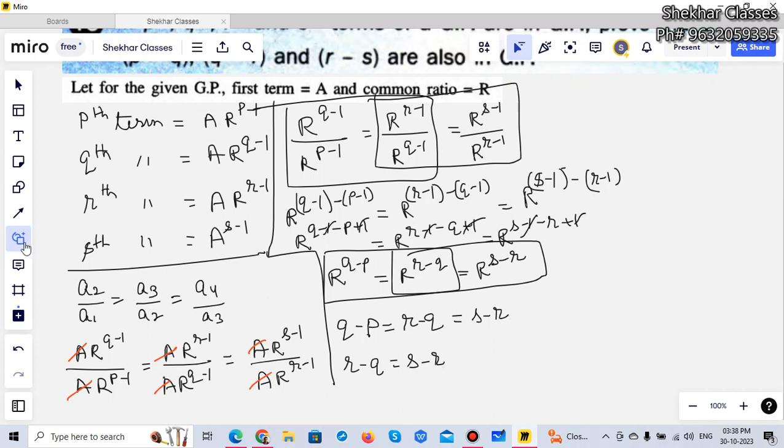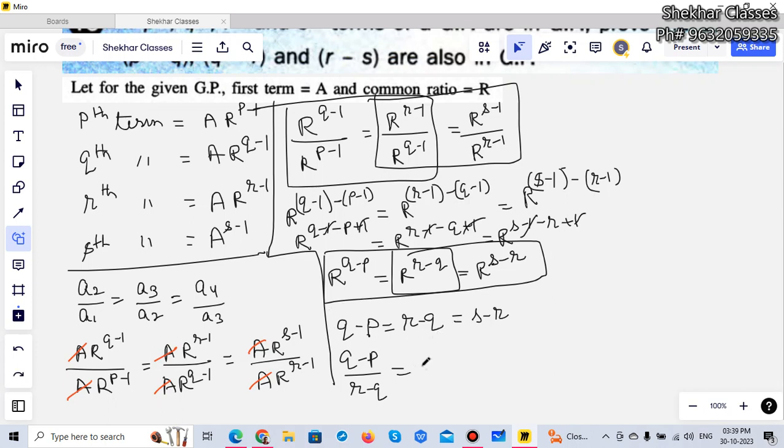And once we have written that, we can write as q minus p upon, if I take these two here, it will be r minus q.